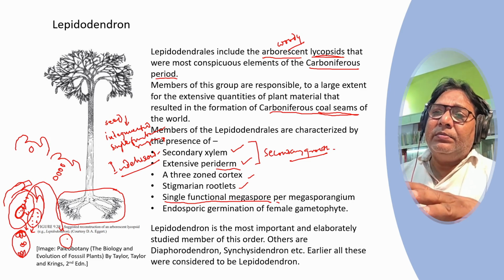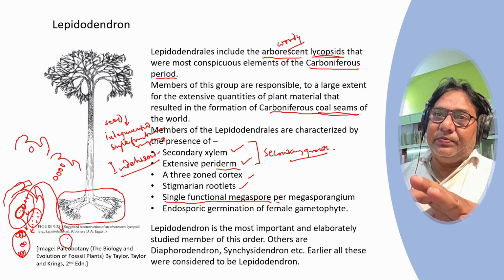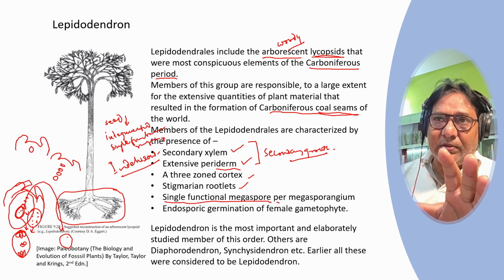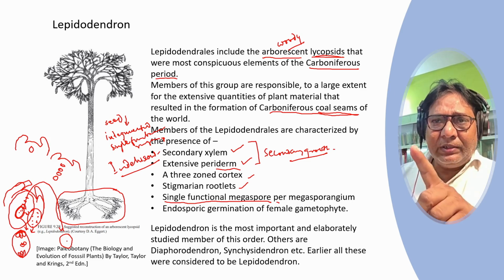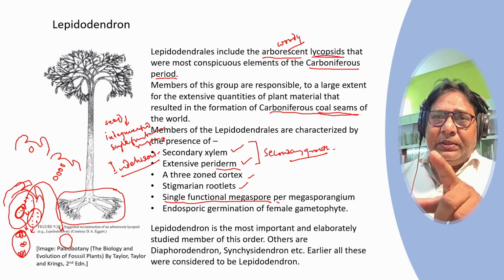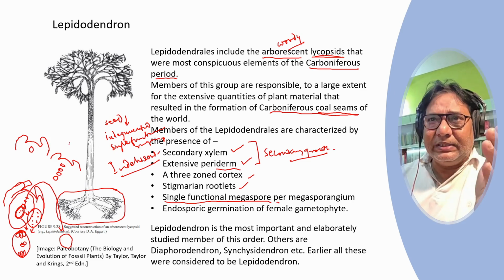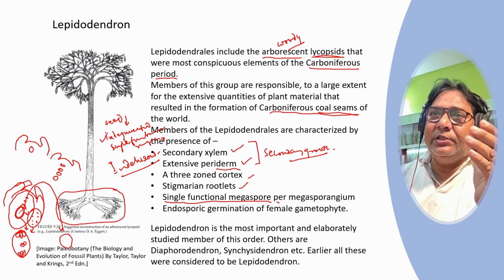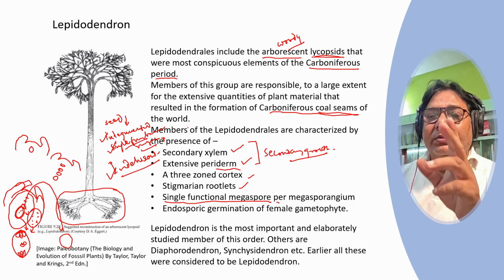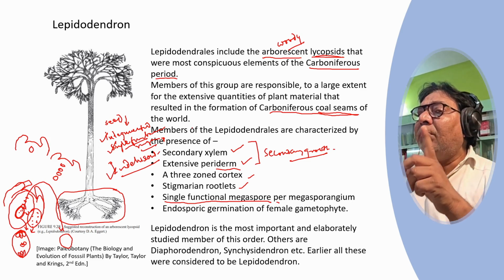That is the dehiscent nature. In a true seed, this will not occur. The integument is for protecting it and making it indehiscent. So these 3 characteristics: integumented, indehiscent, single functional megaspore within the megasporangium make an ovule or seed.